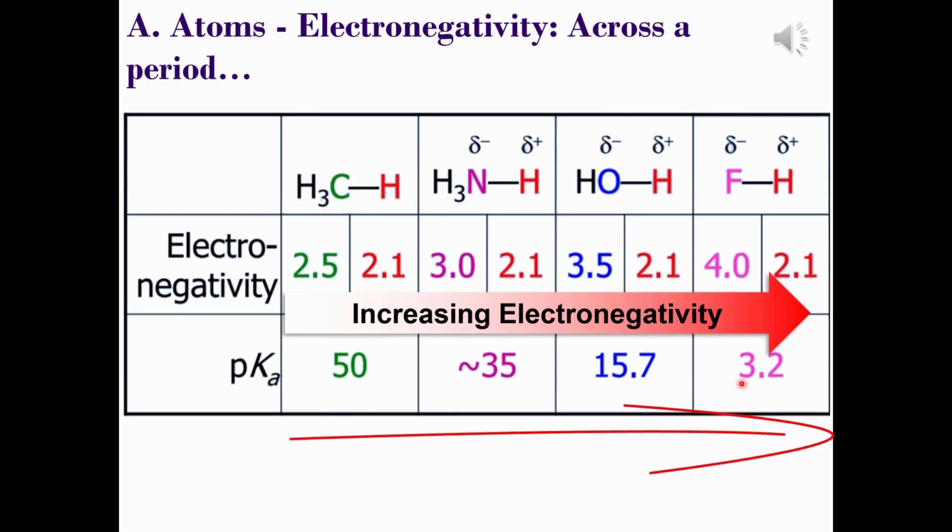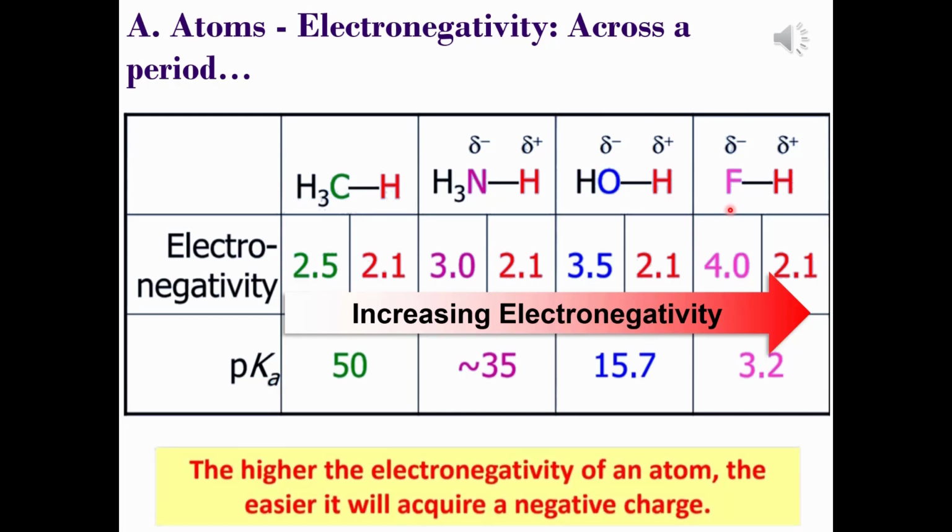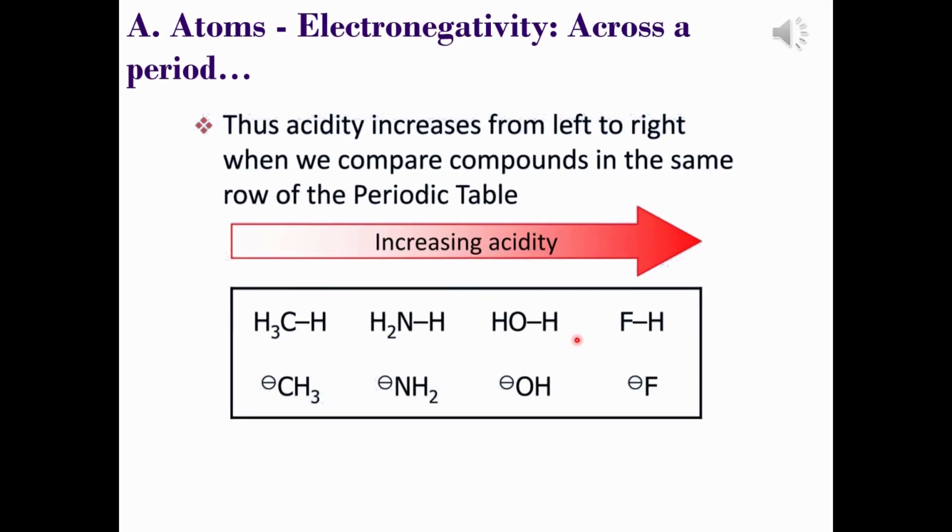And this is as expected, because the higher the electronegativity of the atom, the easier it will be for that atom's conjugate base to acquire a negative charge, and thus be stabilized. Thus the acidity increases from the left to the right of the periodic table.